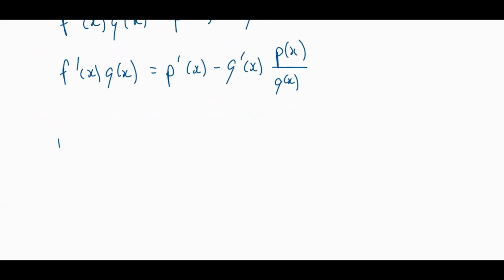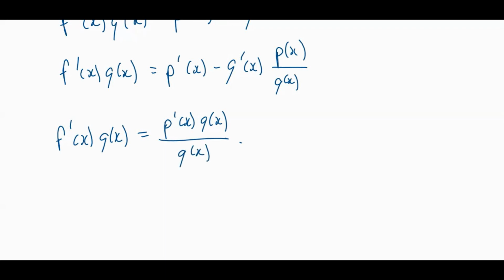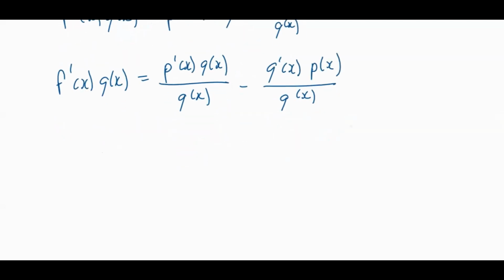Then I'm going to get a common denominator of Q at x. So this is going to be P prime times Q over Q minus Q prime times P over Q. Of course, we could have put those together in the same step, but just for clarity, I'm writing it out twice.